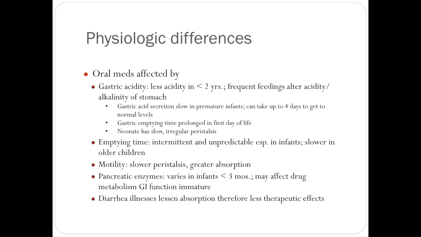So the emptying time of the stomach is intermittent and unpredictable in an infant, and then it slows as they mature into toddlerhood, preschool, etc. And keep in mind that slower peristalsis means there's greater absorption in the gut.